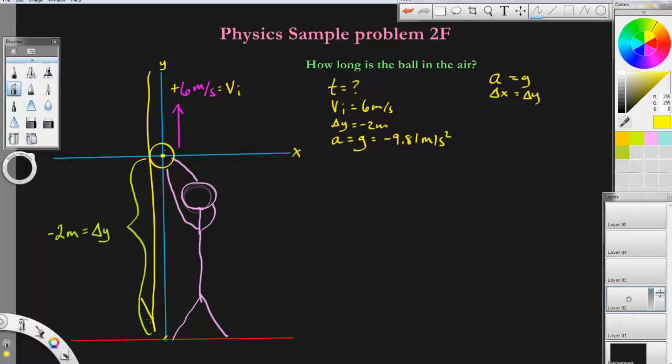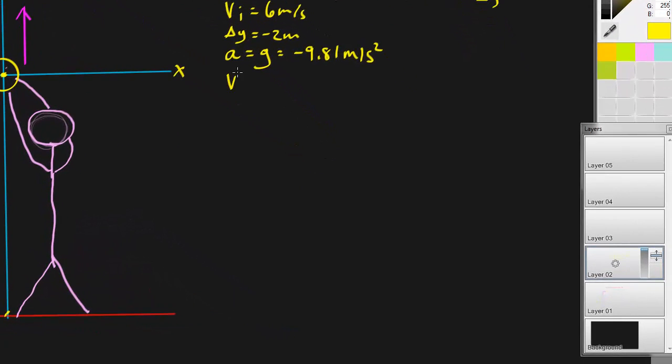I mean, you're going to be going down and up on these problems, these projectiles. So instead of going sideways, you're going up and down. All right. And we also don't know Vf. We don't know that either.